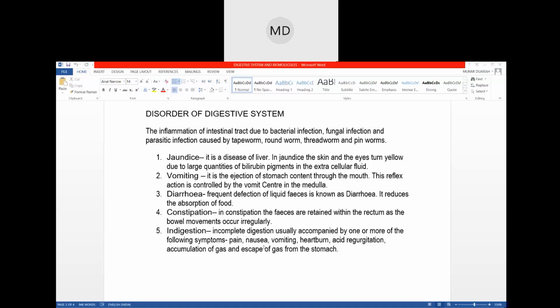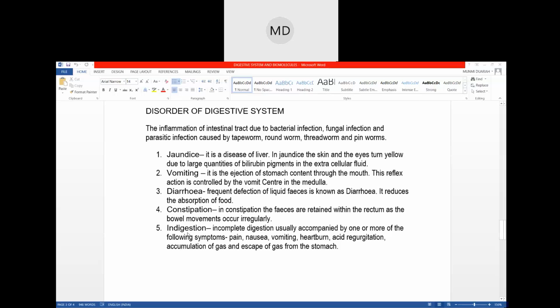Sometimes only vomiting might occur for indigestion, or only pain and nausea, or only heartburn. So only one of the symptoms might occur, or all of them might occur. So these are the diseases: jaundice, vomiting, diarrhea, constipation, and indigestion.